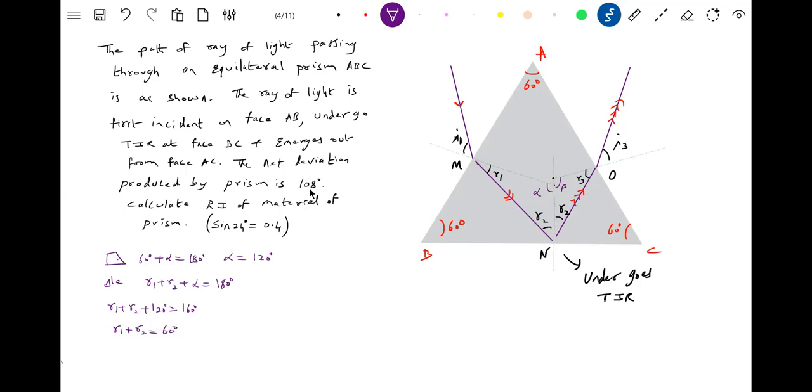Similarly, in the quadrilateral, 60 plus beta equal to 180 degrees, beta equal to 120 degrees. Then in this cyclic quadrilateral, the sum of opposite angles should be 180. Then in this triangle, beta plus R3 plus R2.